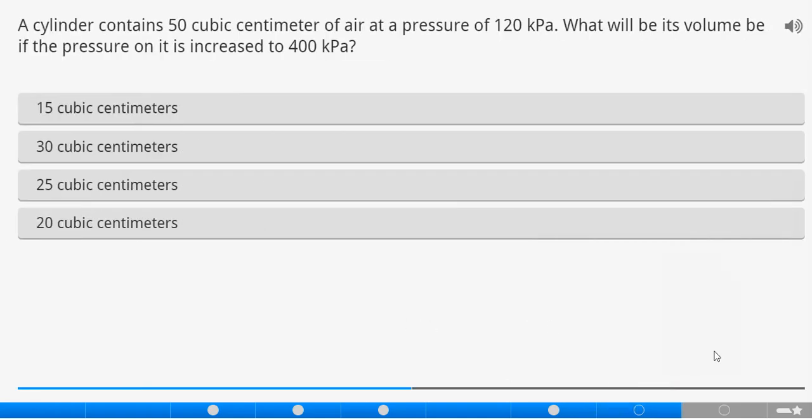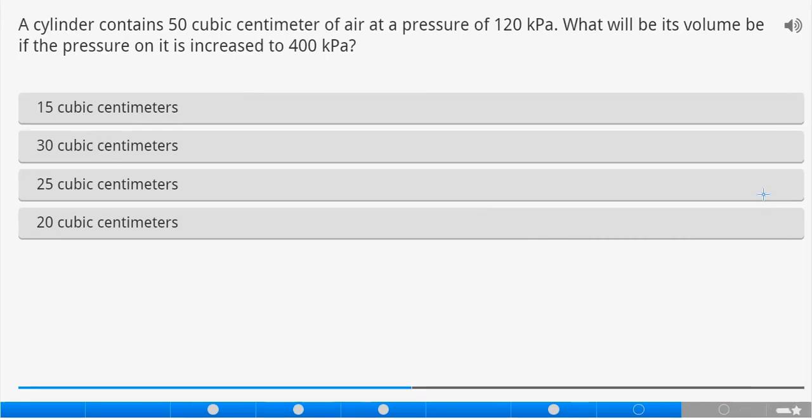Now, we are to answer the following question in relation to Boyle's law. So, let's start. A cylinder contains 50 cubic centimeter of air at the pressure of 120 kilopascal. What will be its volume if the pressure on it is increased to 400 kilopascal?